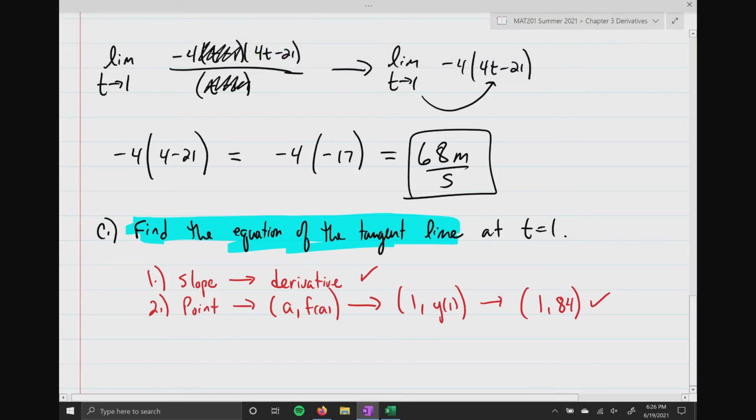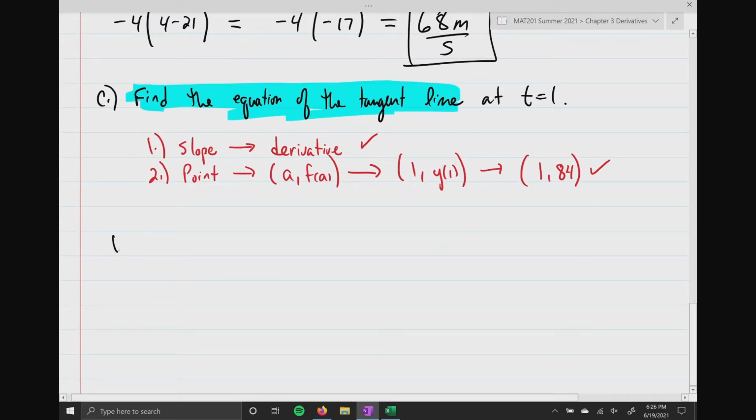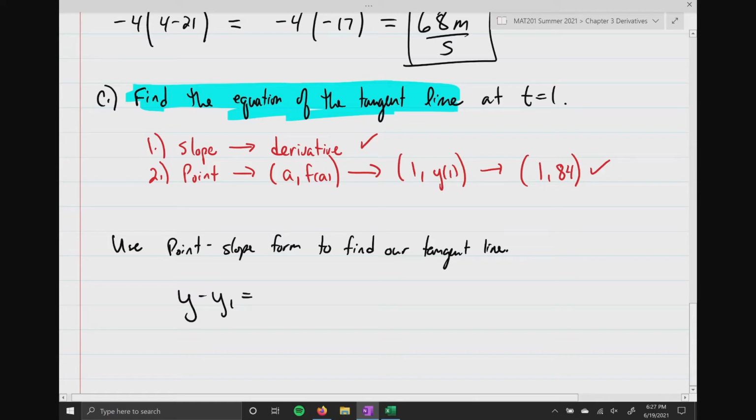Now, we're going to use the point-slope form of a line to find our tangent line. If you don't remember, this is going to be y minus y1 equals the slope. Now, here's the thing. In our case, this is going to be the derivative. So for now, I'm just going to write the word derivative. Later on, I'm going to use the actual notation of the derivative.